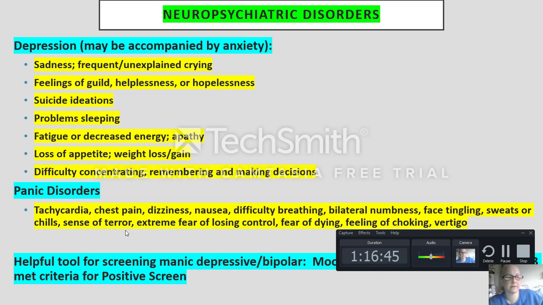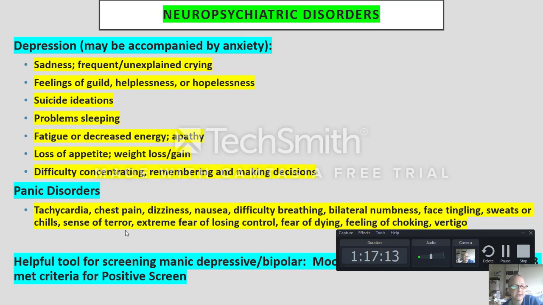Neuropsychiatric disorders. Depression may be accompanied by anxiety, sadness, frequent and unexplained crying, feelings of guilt, hopelessness, or helplessness.